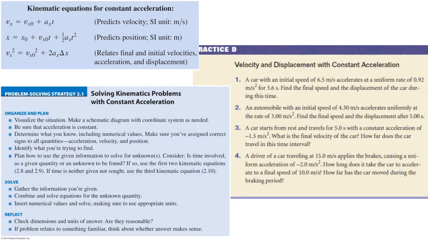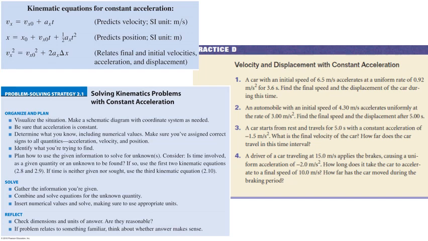There are actually three equations that we could look at. The first equation is the velocity as a function of time: vx is equal to the initial velocity plus ax t. The position as a function of time: x is equal to x0 plus vx0 t plus half ax t squared. And there is another equation that is not an independent equation. I can derive it from the first two just by getting rid of time.